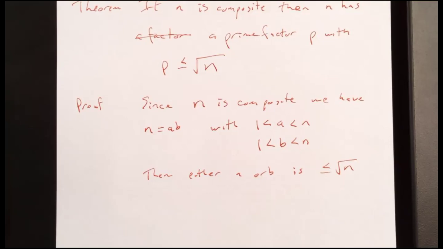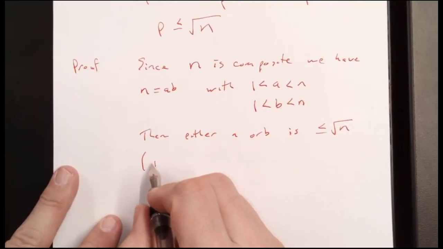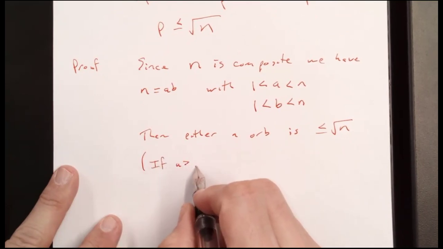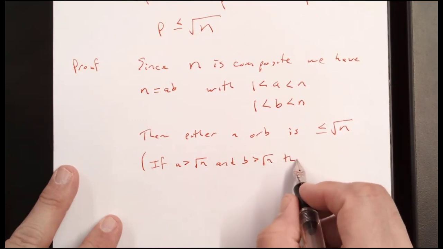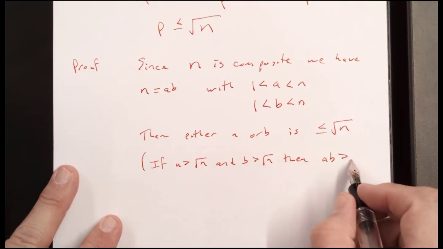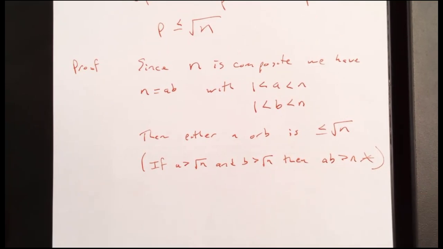If A is equal to B, then they're both just the square root of n. But say A is larger than B, then B is less than the square root of n. If they were both bigger than the square root of n, then when I multiplied them together, I'd get something bigger than n, wouldn't I? That's a contradiction.